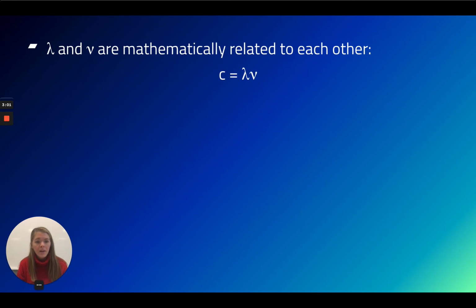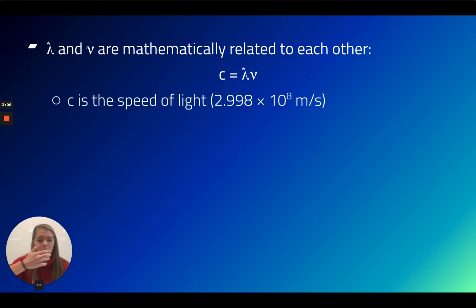We're multiplying them together to find c, and c is what we call the speed of light, and you will need to know this value. The speed of light is 2.998 times 10 to the 8 meters per second. That is how fast light travels. How fast light is traveling is due to its frequency times its wavelength. And we're going to be calculating some different things using that formula.